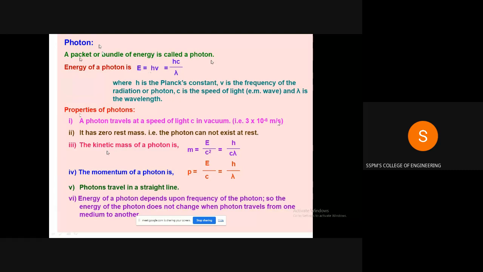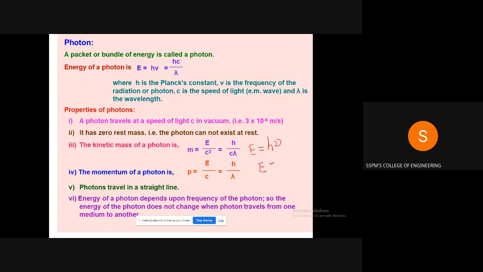Next property, the kinetic mass of a photon is m equals E upon c square, because we know the very famous equation for particle nature, E equals mc square. But again, E equals h nu.